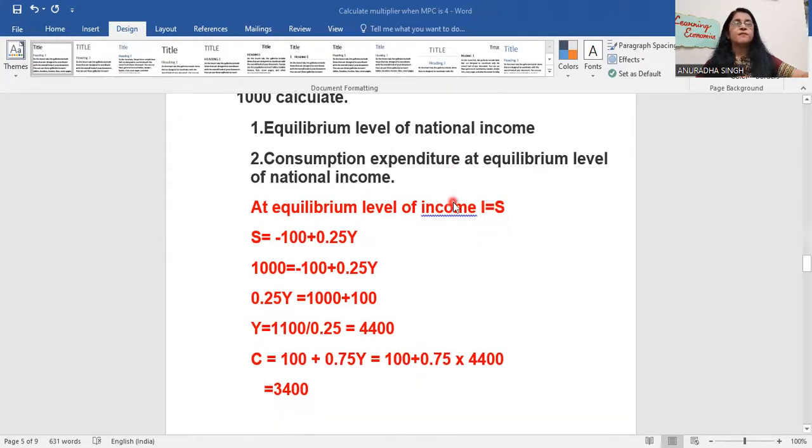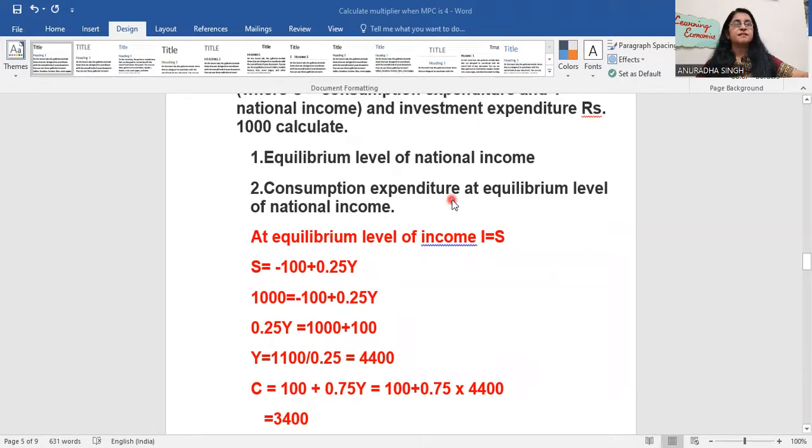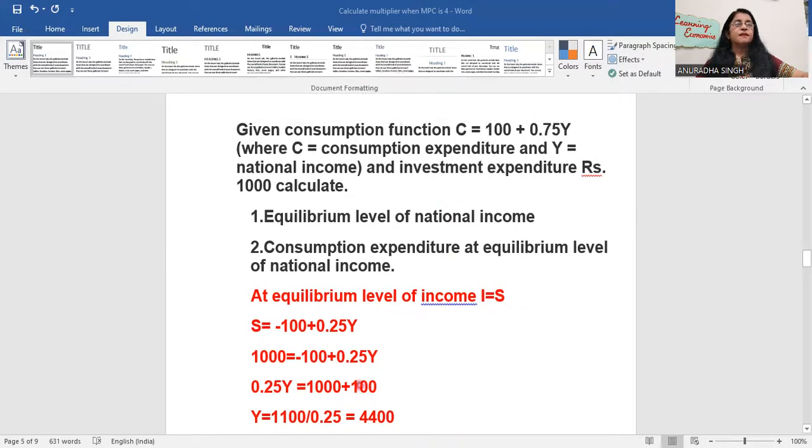So what we have done is we have changed the consumption. What you have to do is just compare this saving equation and this consumption equation. When you compare them, you will find that autonomous consumption is taken as negative in the saving function.